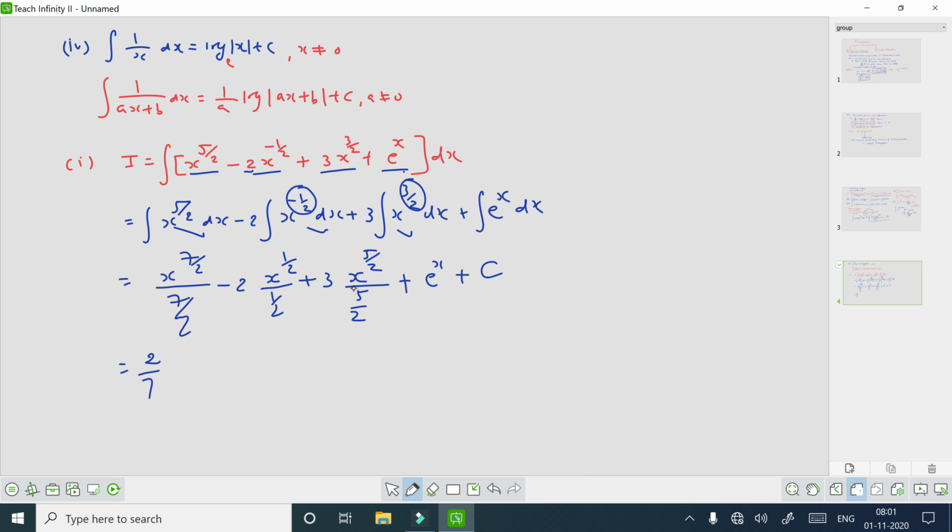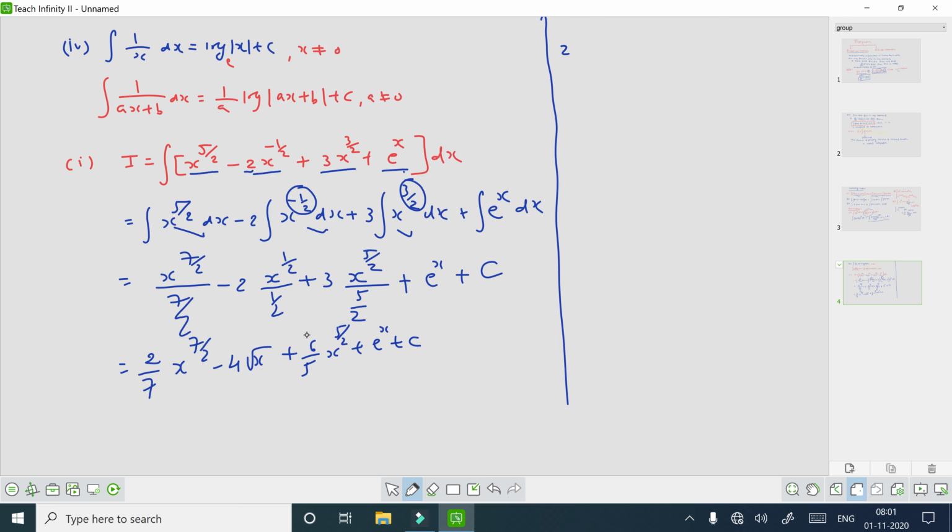So 2 by 7 x raised to 7 by 2, minus 4, can I write root x? Yes. Plus 3 into 2 means 6, 6 by 5 x raised to 5 by 2, plus e raised to x, plus c. Very simple example. Clear?